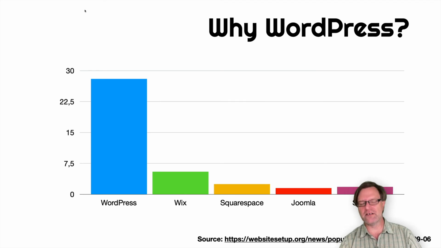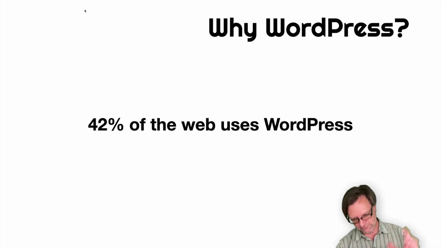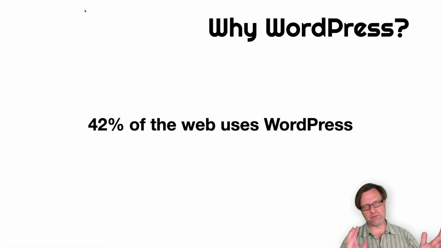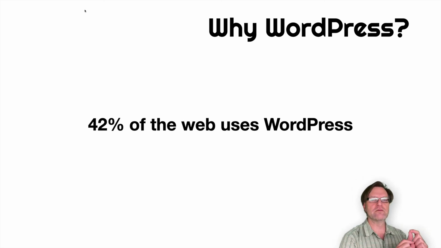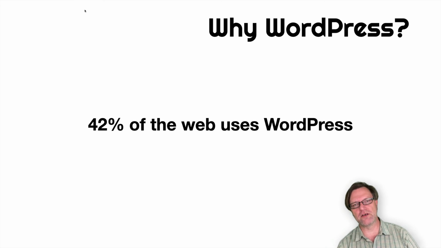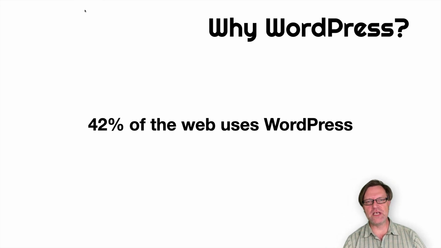And the trend is actually going in WordPress's favor. Today, according to WordPress themselves, or Automattic, the company behind it, 42% of all the web pages that you get to your browser come from a WordPress server. So that is the biggest reason for selecting WordPress.